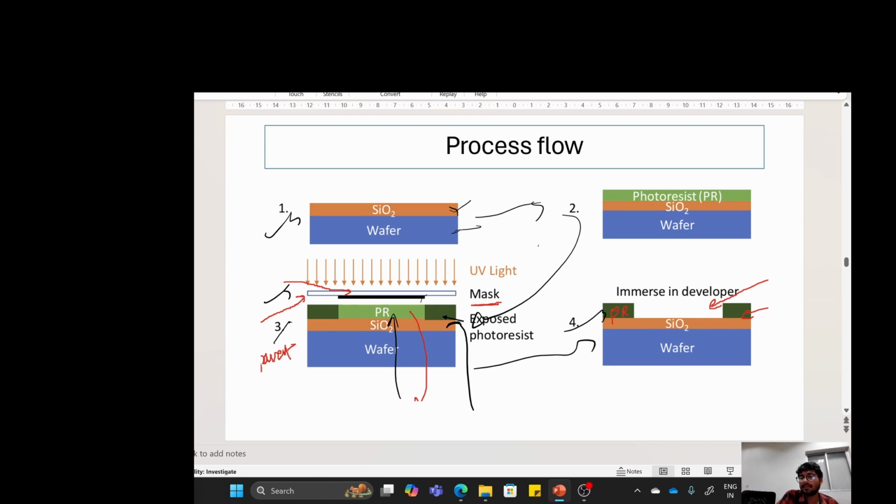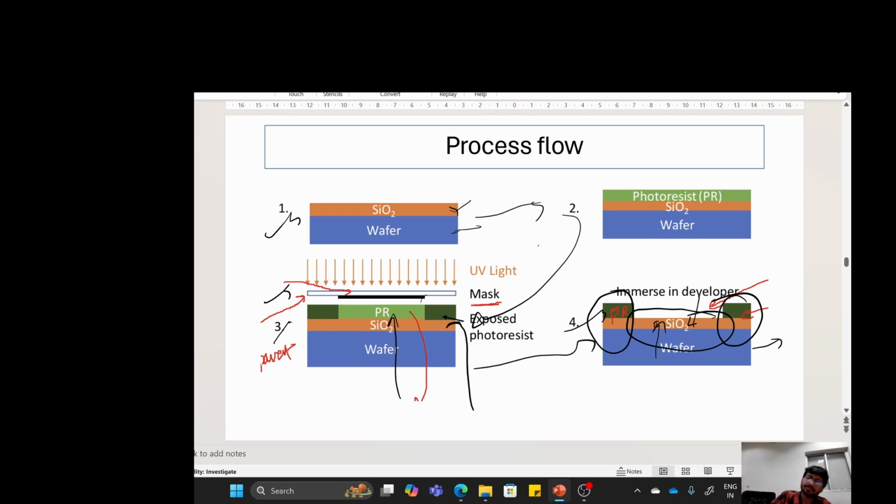Then subsequent processes can be done. In this region the photoresist will protect the SiO2, and this area is exposed to the outer environment, so you can remove the SiO2 easily, with ion beams or by etching with chemicals, either wet chemical etching or dry chemical etching.